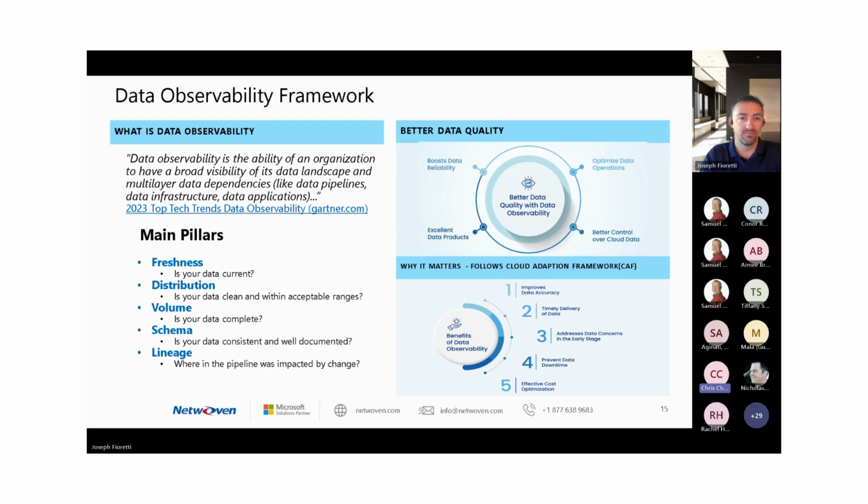So as we look forward to this AI enhanced future, this is still a very important step, if not the most important step, that your end users can understand and interpret your data. And this data observability framework is the best thing I've seen in terms of preparation for that step. So I just wanted to observe that.